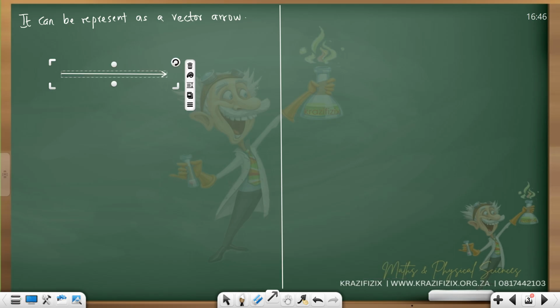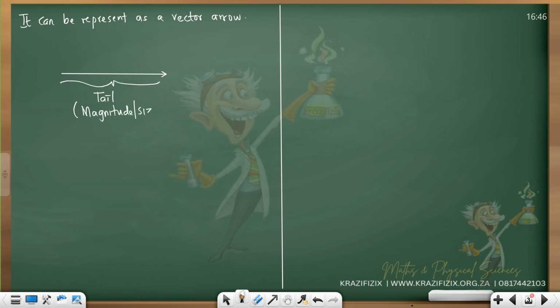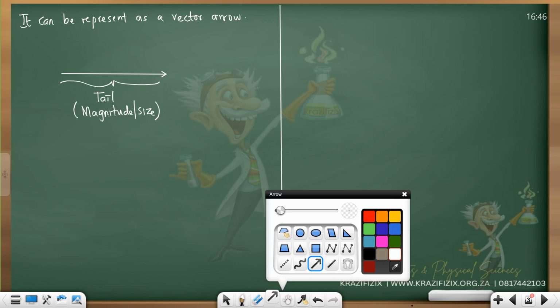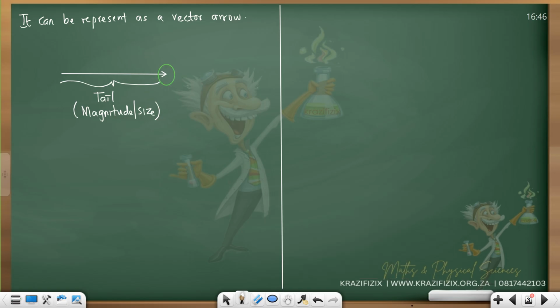We have that, where the length of the tail shows the magnitude, that is the size. And the arrowhead would give me the direction. I'm sure you remember that from when we were doing tail to tail.